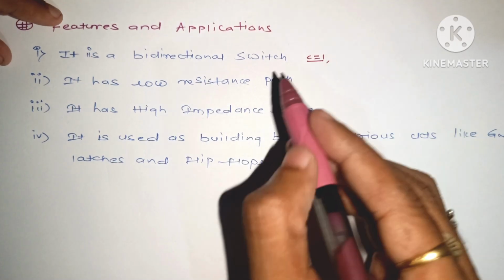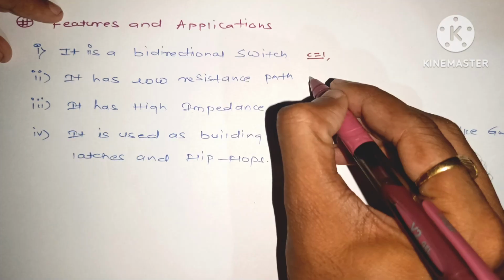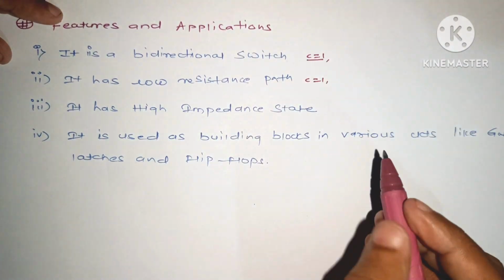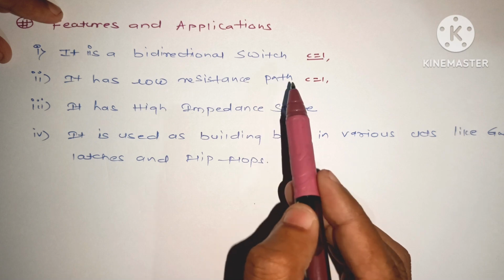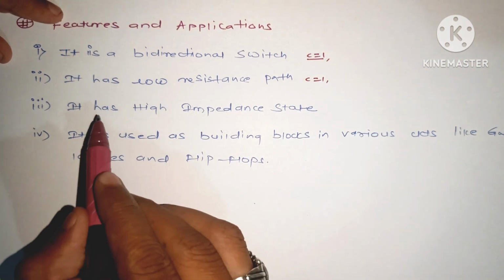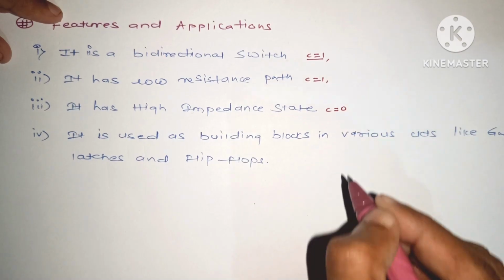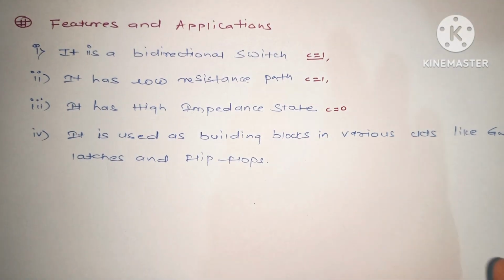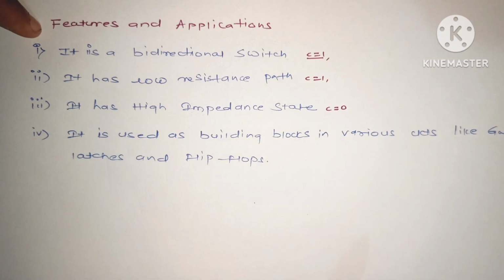Hence we can call this a bidirectional switch. Second, it has a low resistance path. Same, when C is equal to 1, both the transistors were in on condition, and that indicates it has a low resistance path. Third point, it has a high impedance state. It happens when C is equal to 0, both the transistors were in off condition. It shows it has a high impedance state.